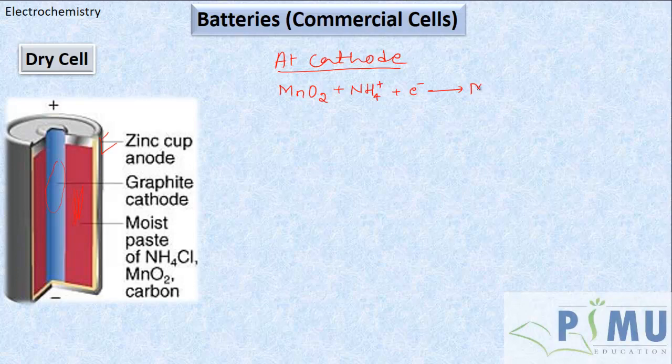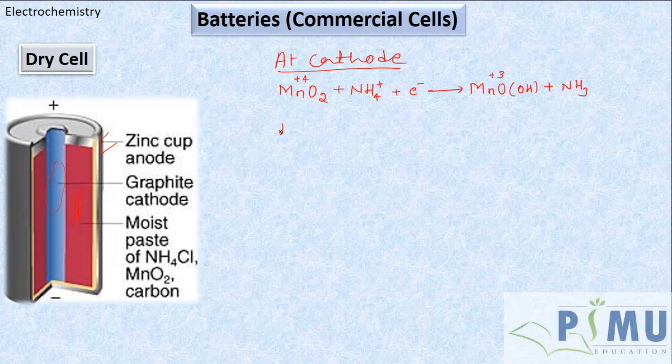It forms MnOOH plus NH3. MnO2 plus NH4+ plus electron gives MnOOH plus NH3. Here the oxidation state of Mn in MnO2 is +4 and here it is +3. So manganese is undergoing reduction.